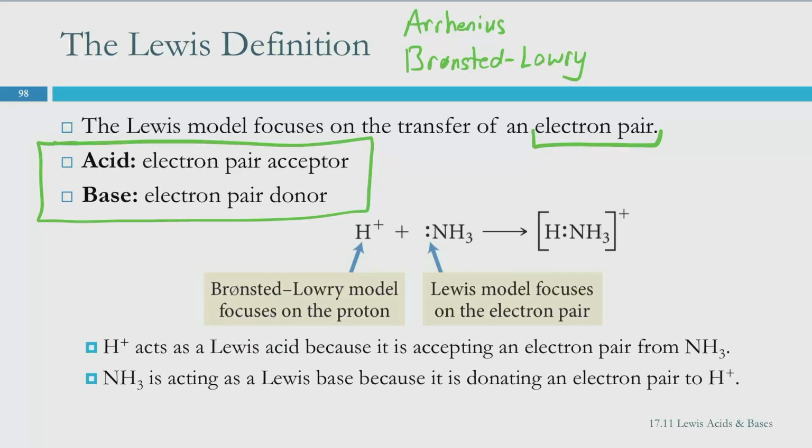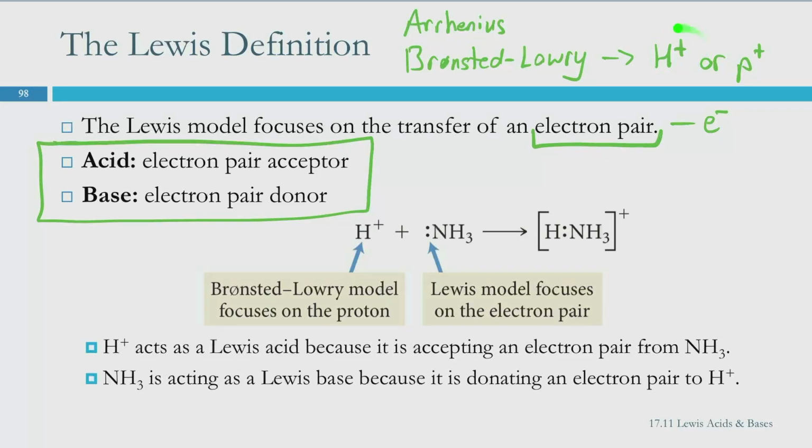So in our Bronsted-Lowry model, we're focused on the proton, the H+. And in Lewis, we're focused on the electron. So the directions are opposite.